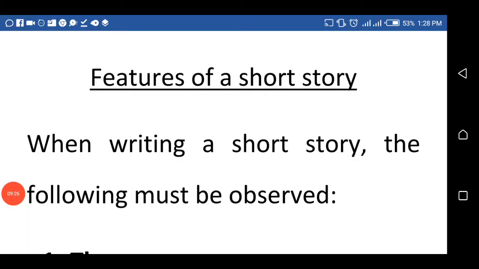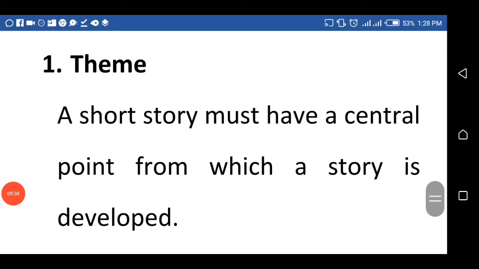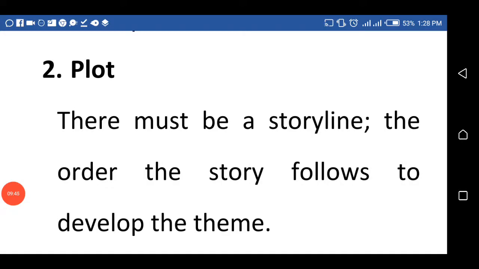Features of a short story. When writing a short story, the following must be observed. Number 1 is the theme. A short story must have a central point from which a story is developed. Number 2, plot.